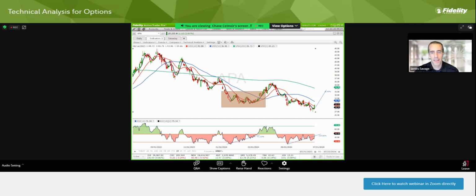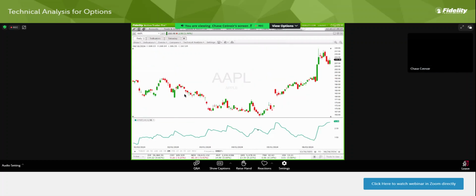So let me go ahead and share Apple here. Actually, Chase, since you still got the screen, mine's not really working. Could you just pull up a blank 6 month chart on Apple and load ATR? And I'll explain what I was going to refer to here. Yeah, let's do it.